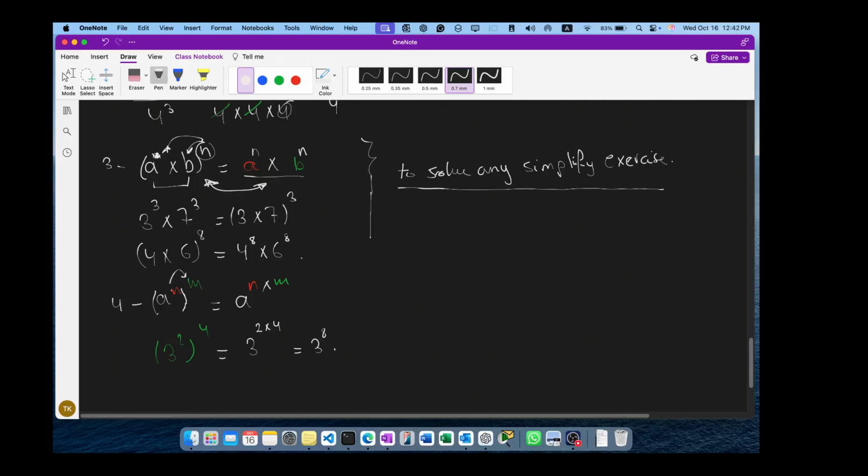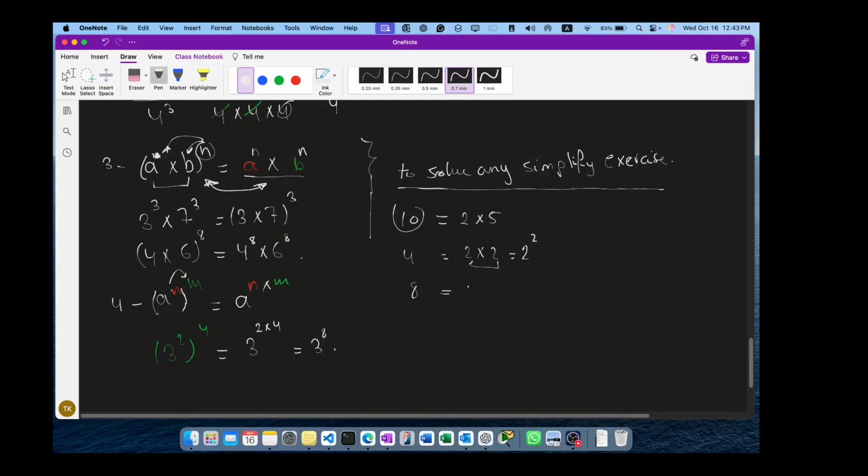But guys, pay attention to this one. I can simplify this. What is 10? It equals 2 times 5, right? And 4 equals 2 times 2, which is 2 to the power 2.